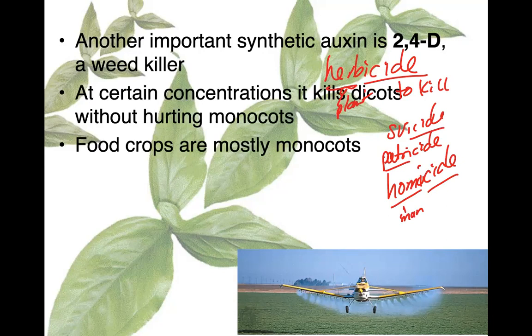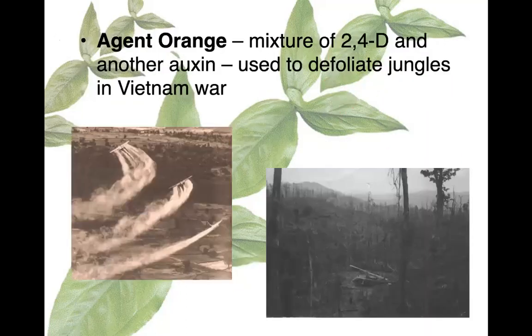So a certain concentration of 2,4-D kills dicots without hurting monocots. This is because a lot of weeds are dicots, but our food crops are mostly monocots. Now, during the Vietnam War, the American military used a mixture of 2,4-D and another auxin in a chemical compound called Agent Orange, because the American soldiers were not used to jungle warfare.